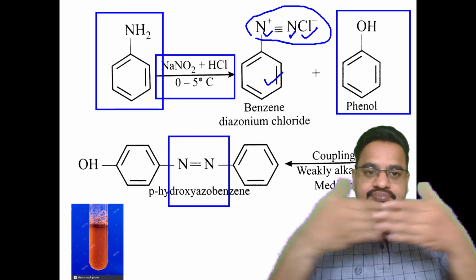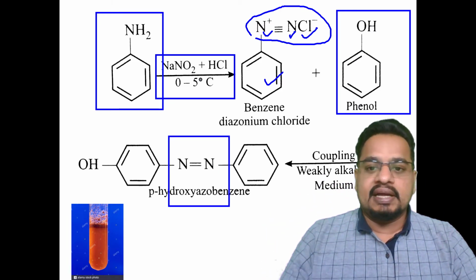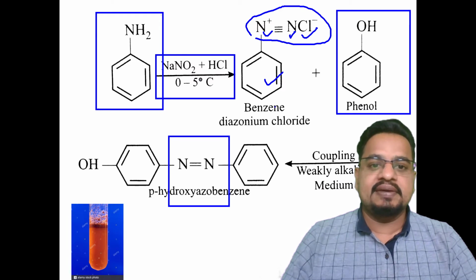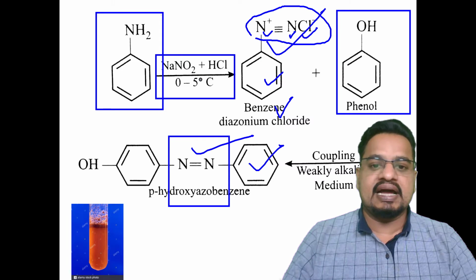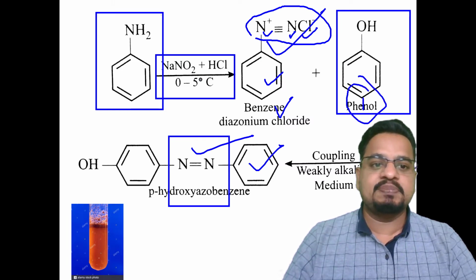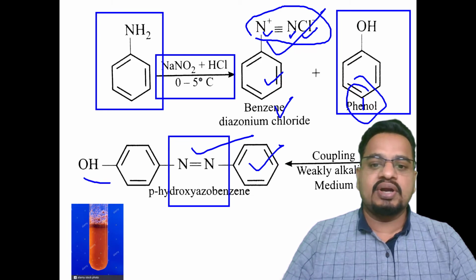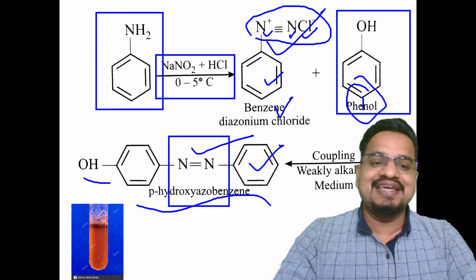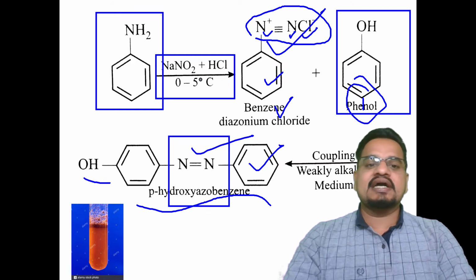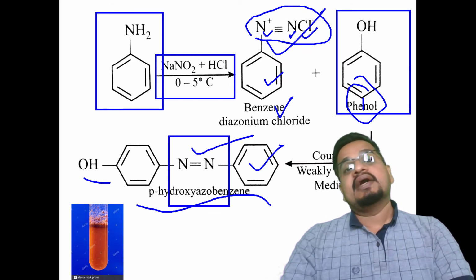How is it coupled? See, benzene as it is, these two nitrogens as they are, and this gets attached to the phenol at the para position. So this is para hydroxy azobenzene. Got that? This is the coupling reaction in alkaline media.